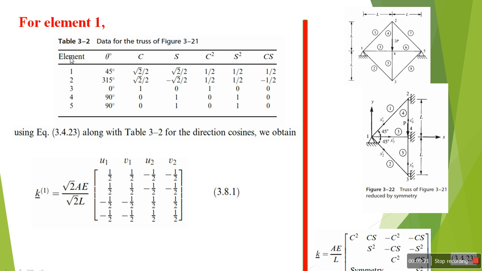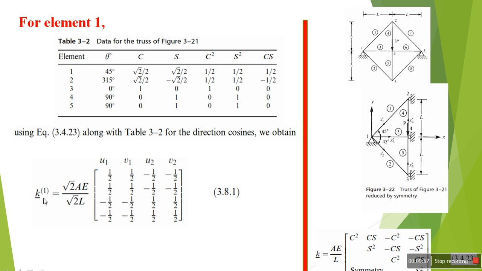In table 3.2, for elements 1, 2, 3, 4, 5, I have the angle, the cosine of the angle, the sine of the angle, and the cosine squared, sine squared, and cosine multiplied by sine. We calculated all those items because I need them in this matrix.